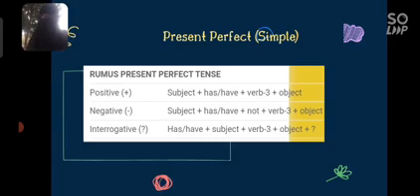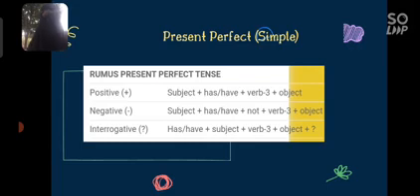The formula for the present perfect tense: if it is positive, you use subject plus has or have and verb 3 plus object. It's like, I have lost my key.